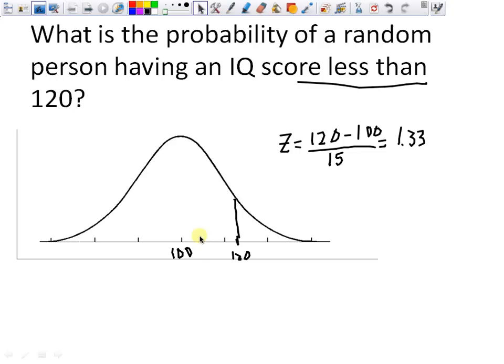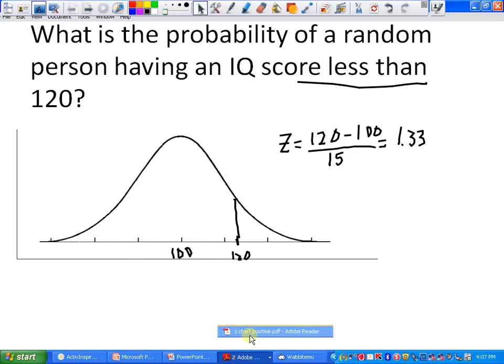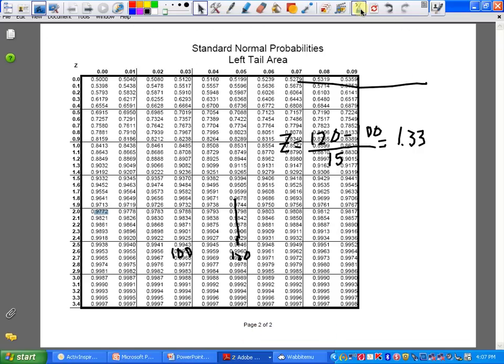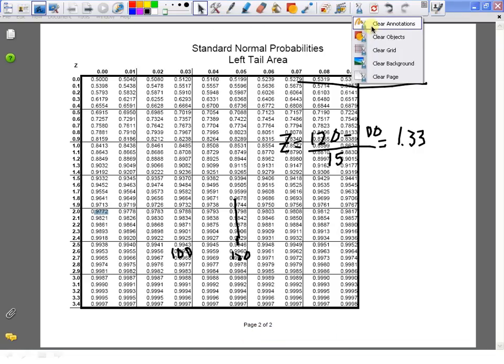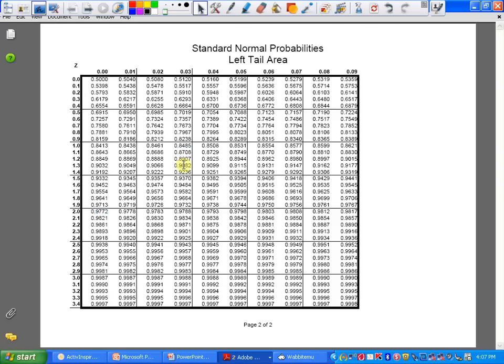So we can take a look at our table. Notice our z-score is positive, so I'll go to the positive z-scores. I'm looking for 1.33, which is 1.3, the whole number and the tenth decimal. So I'm looking at 0.9082. And since we were trying to find the probability of being less than 120, that's our answer.